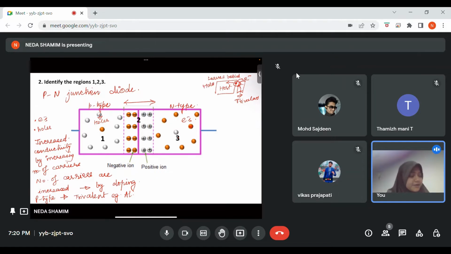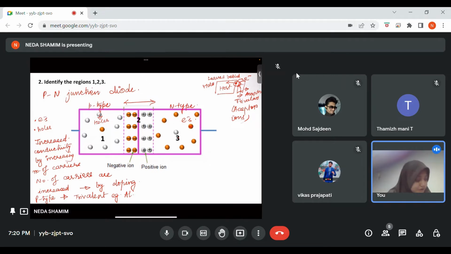And now it itself will become negatively charged. So it is an acceptor, I would say these are acceptor ions, that is, it accepts one electron from the host material.